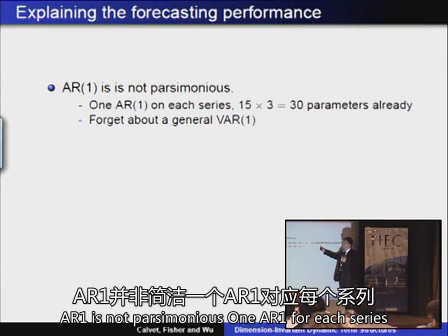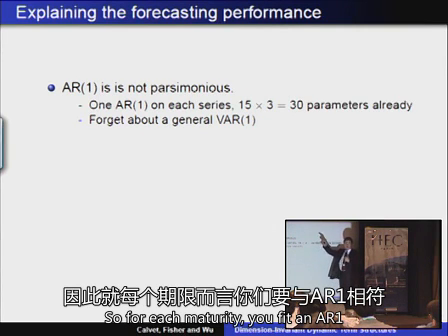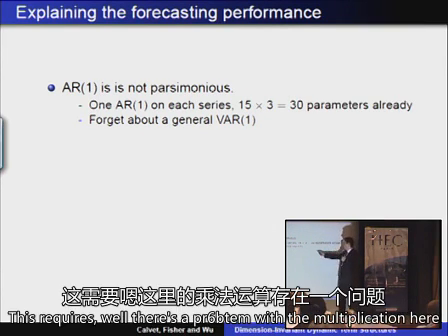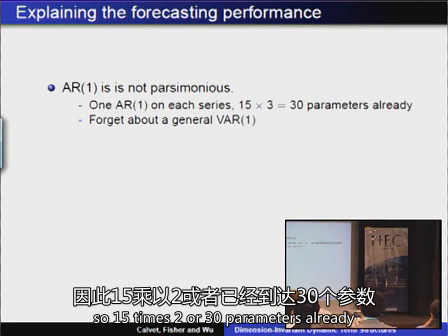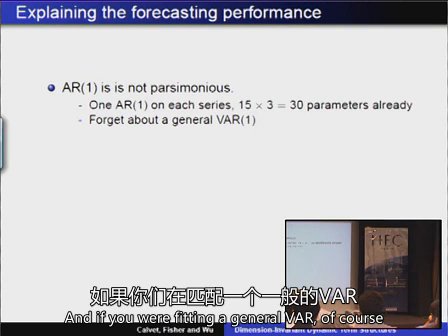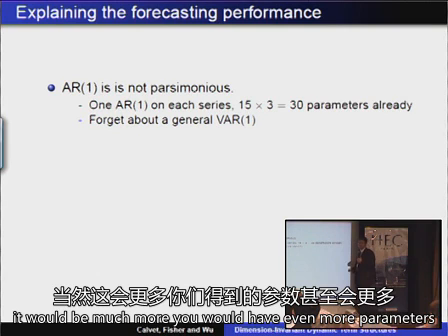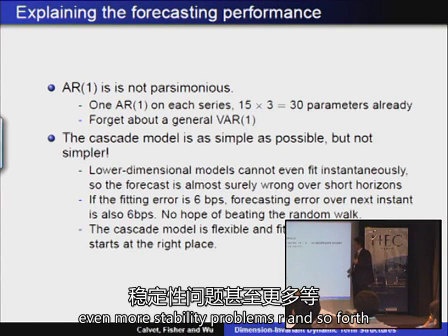One AR1 on each series, right? So for each maturity, you fit an AR1. This requires 15 times 2, or 30 parameters already. And if you were fitting a general VAR, of course, it would be much more. You would have even more parameters, more instability problems, and so forth.